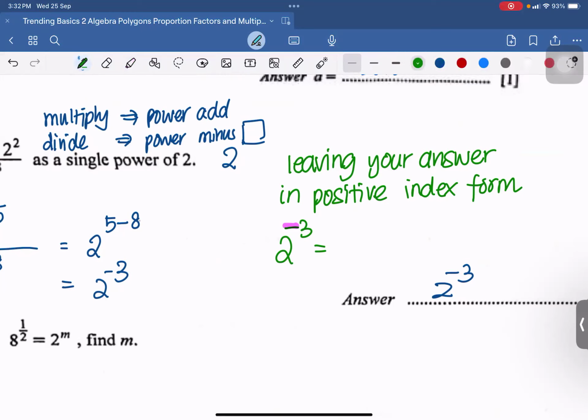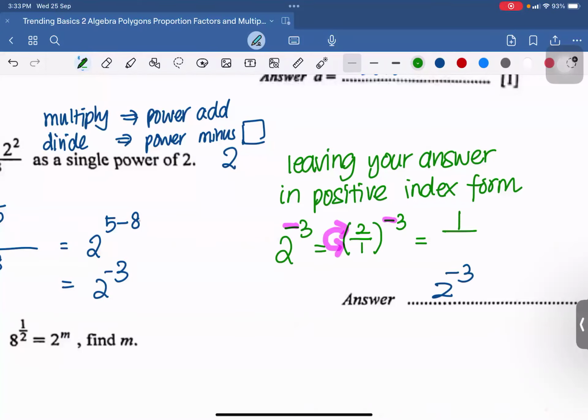It means I need to flip this. This number 2 is actually 2 over 1, to the power of negative 3. So if I want to get rid of the negative power, what happens to my number? Half. Yeah, it becomes half. So the number itself needs to flip.